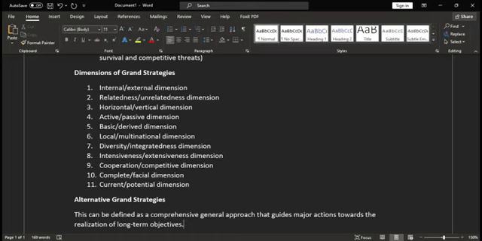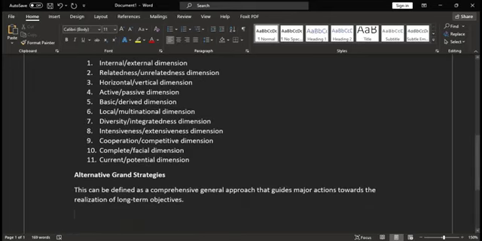We have the contraction, the retrenchment or turnaround strategies. We also have the combination strategy. We'll talk about them briefly. The stability strategies are adopted by an organization that desires incremental improvement.